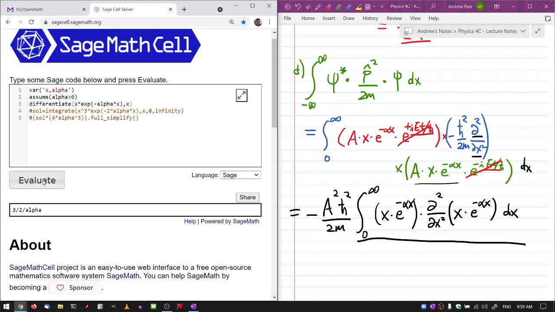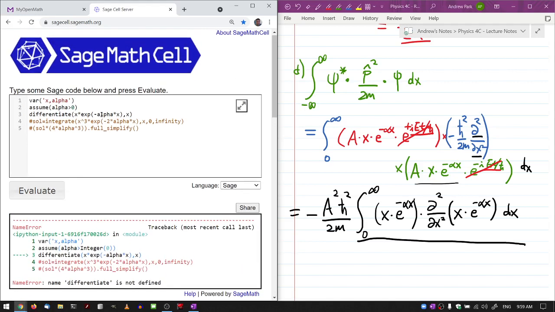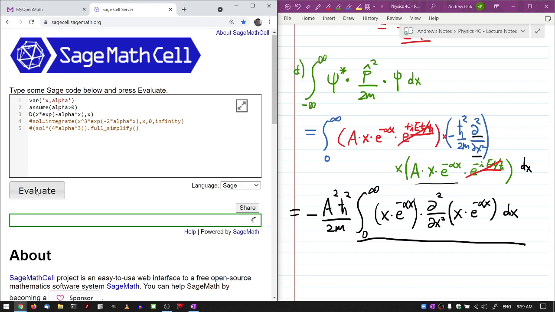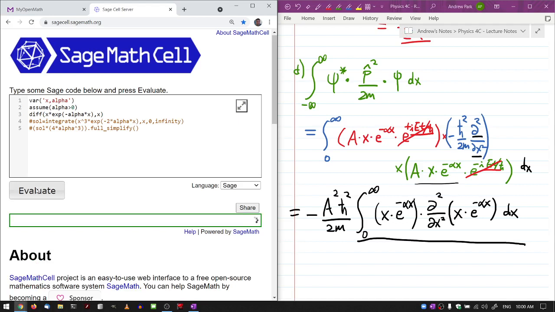I think that's the right syntax. Let's see. Is it just a D? Let me give that a try. No. Okay, it's diff. All right, that looks about right.